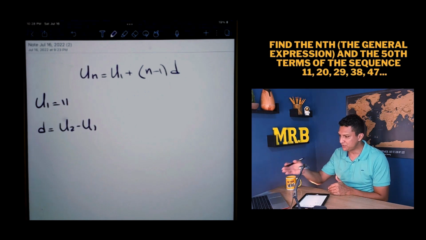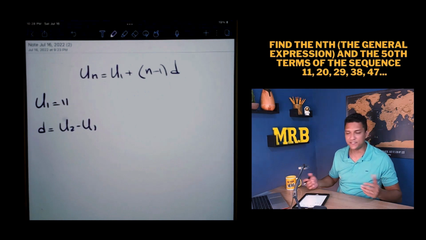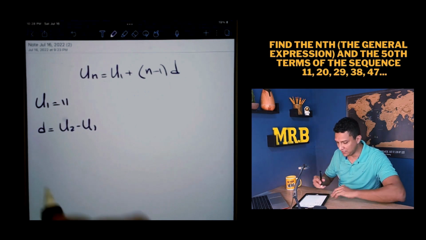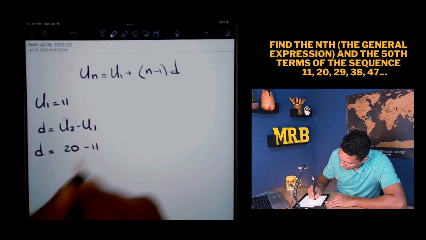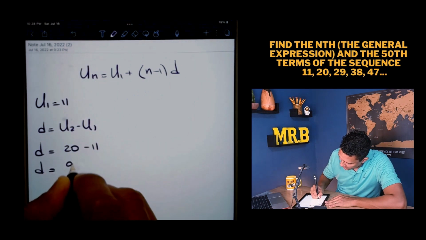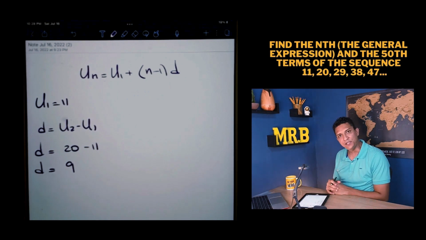In this case, as you can see in the list, the second term is 20 and the first term is 11. So I'm gonna subtract 20 minus 11, okay? And that is 9. So as you can see, I already found the common difference, okay? And that is basically everything that I need to answer the first question.